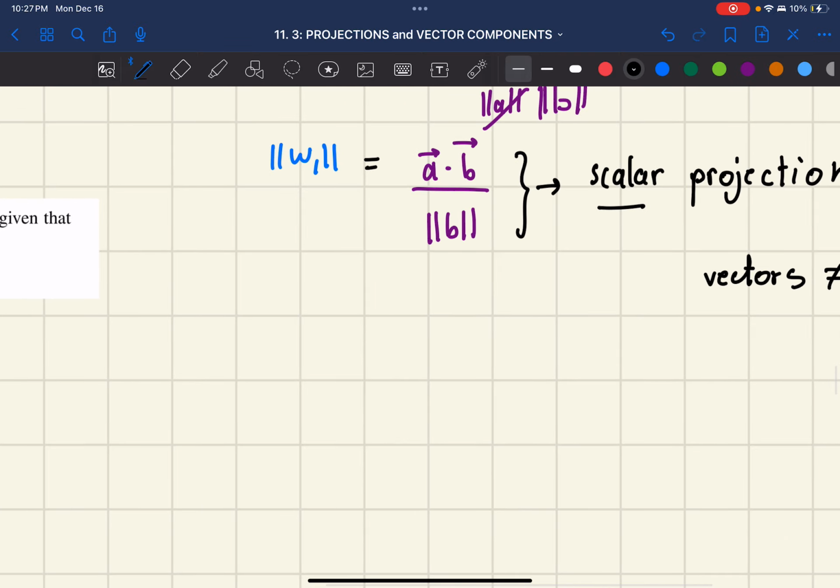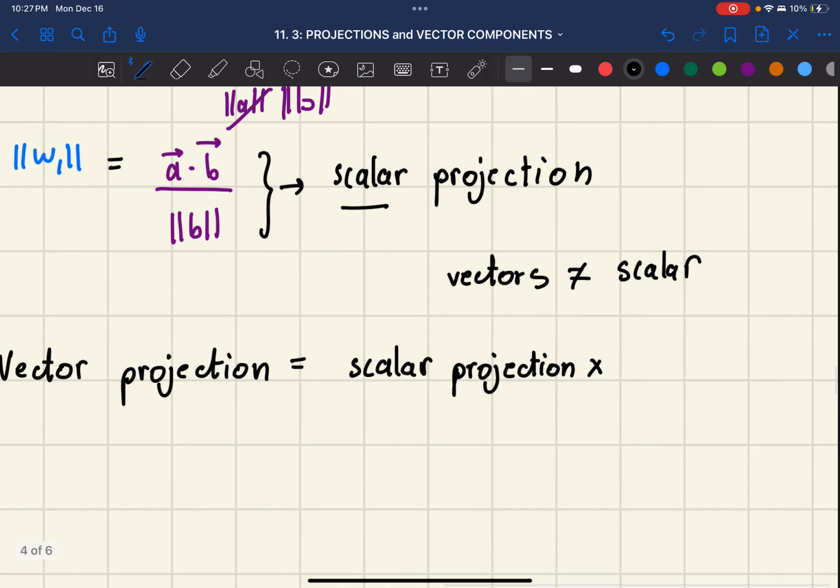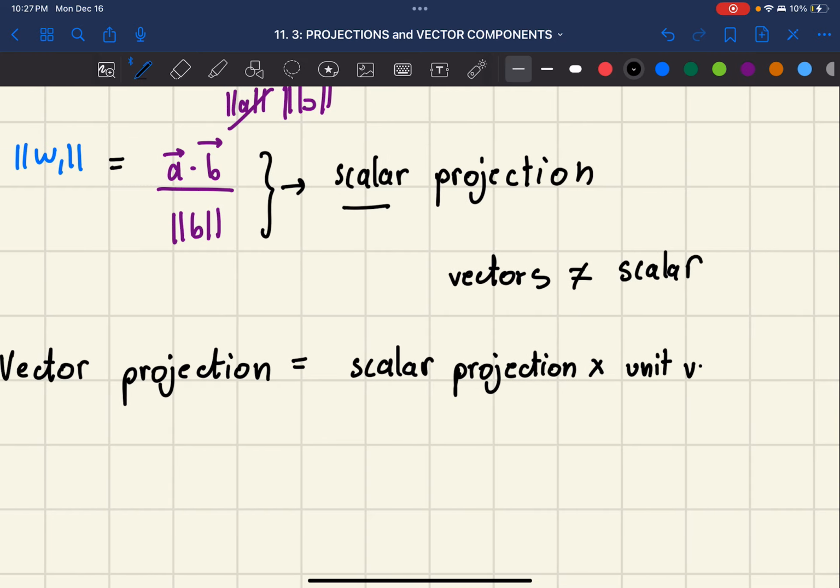As a result, the vector projection is going to equal the scalar projection multiplied by the unit vector.